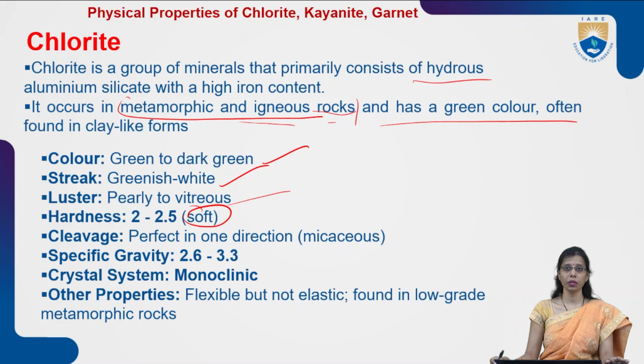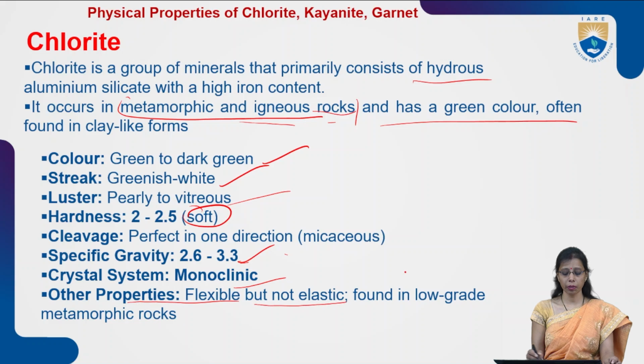It's an aluminium silicate, so easily it can break off into pieces, and it has perfect cleavage in one direction. When you try to break it, it breaks along one direction, into flat surfaces. Specific gravity is 2.6 to 3.3. Crystal system is monoclinic.